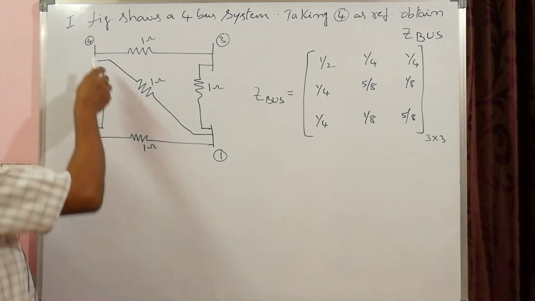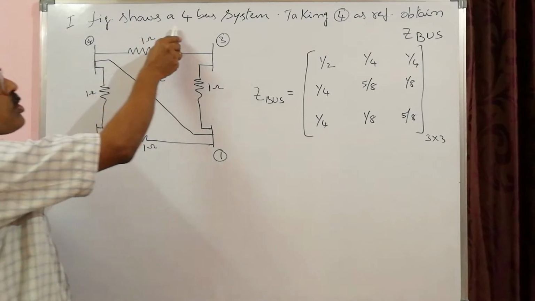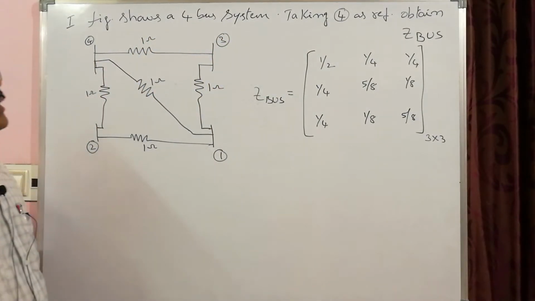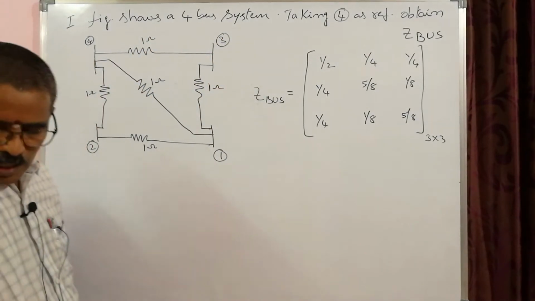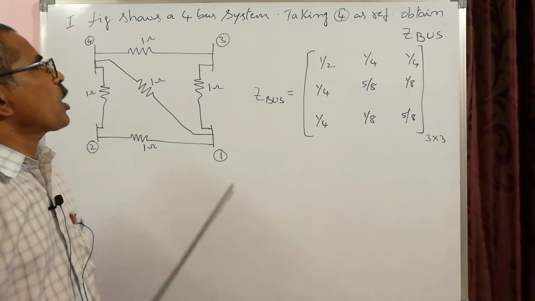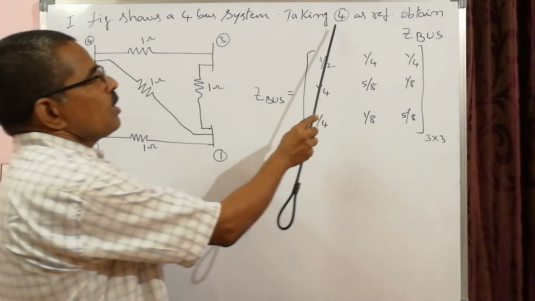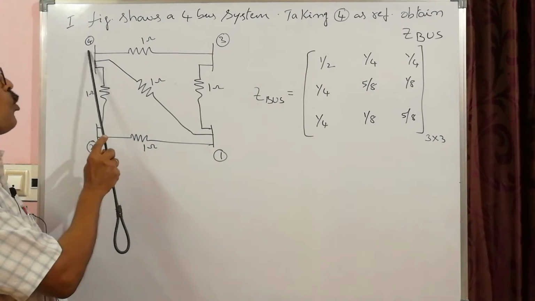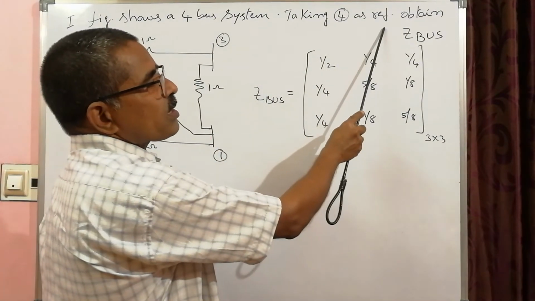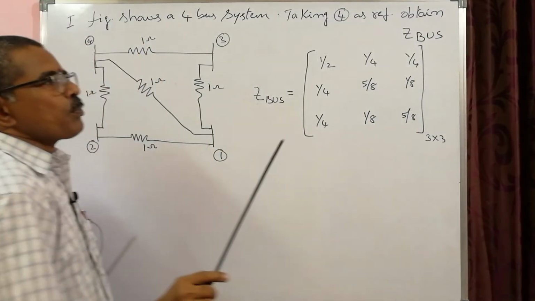So, first case, figure shows a 4 bus system. Taking 4th bus as reference, obtain Z bus. So, you are asked to consider this system and in this 4th bus you are asked to take as reference and for which obtain Z bus.